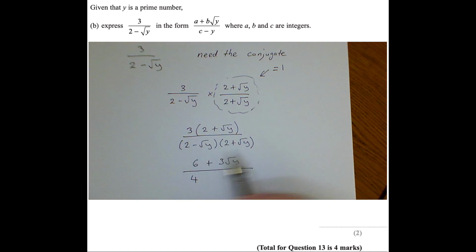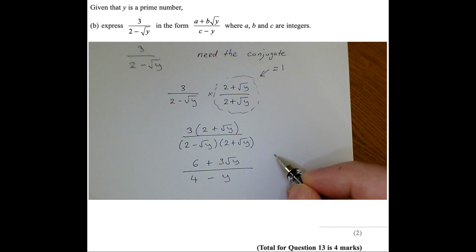So 2 times by 2 is 4. We've got plus 2 root y, take away 2 root y, which disappears, and we're left with minus y. And in actual fact, we've got exactly what we wanted. So a is equal to 6, b is equal to 3, and c is equal to 4. And that is that question done.